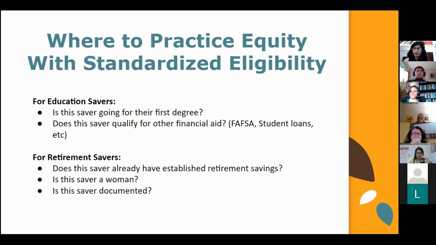For a long time, I was mostly getting applications for education IDAs from people pursuing master's degrees, even PhDs, or who had bachelor's degrees already and wanted to pivot to a different field with additional education.